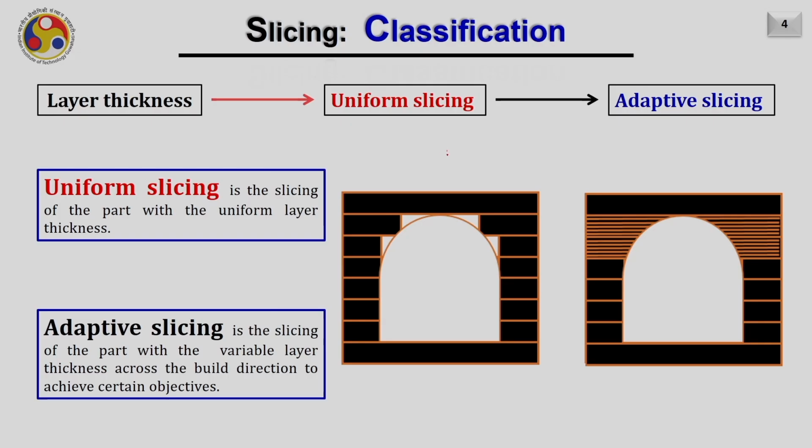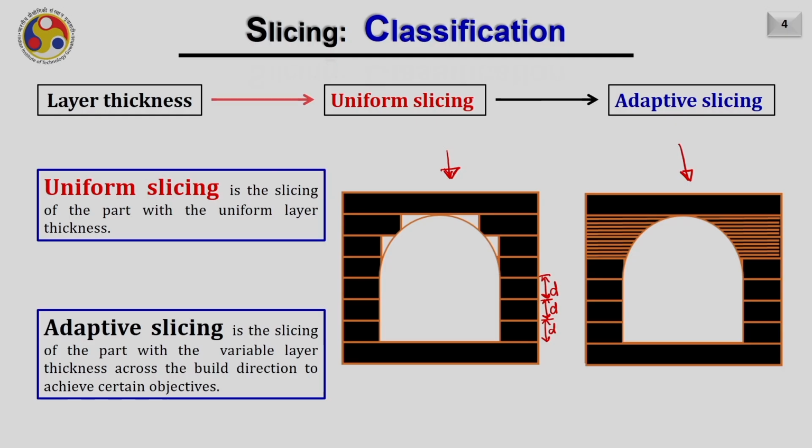As you can see in these examples, this particular case shows the uniform slicing. Here the thickness of each and every slice is the same. You can see that if it is D here, it is the same everywhere.